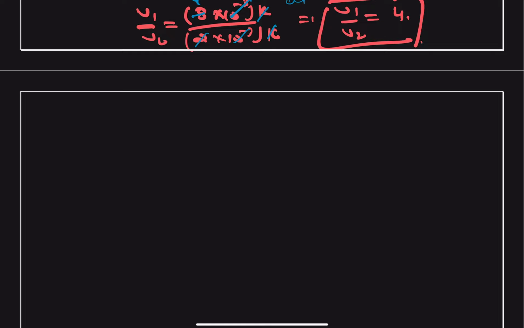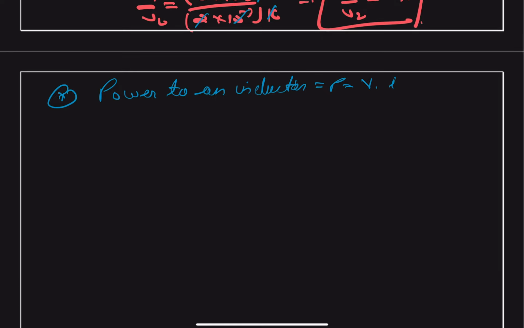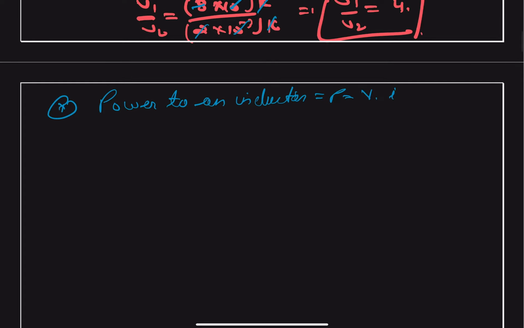And we know that power in an inductor is P is equal to V multiplied by I. Therefore, for our two inductors L1 and L2, we can write for L1, P1 is equal to V1 multiplied by I1, and similarly for L2, P2 is equal to V2 multiplied by I2.